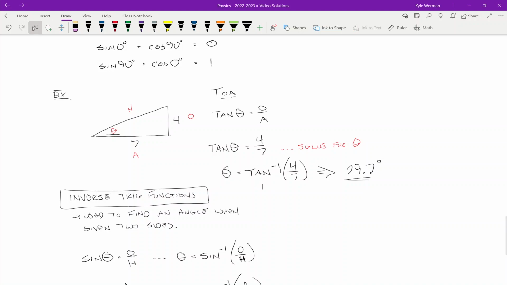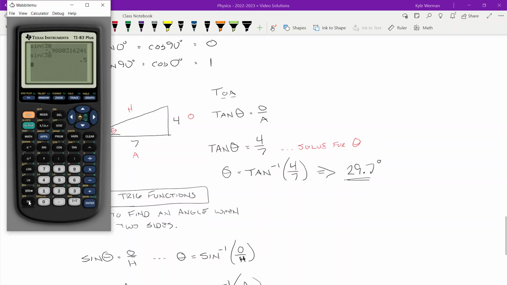And it turns out the inverse tangent of 4/7 is that angle of 29.7 degrees. In my calculator, to do the inverse trig functions, above each is the inverse. So I would go second tan. The ratio is 4/7. And I would get 29.74 degrees as that angle.